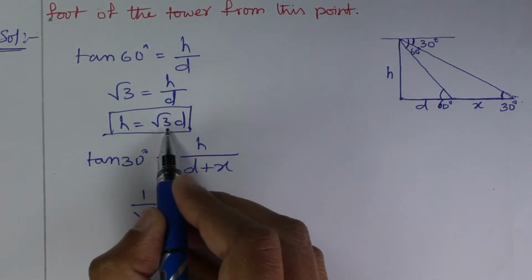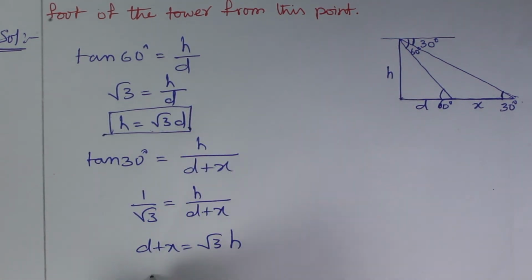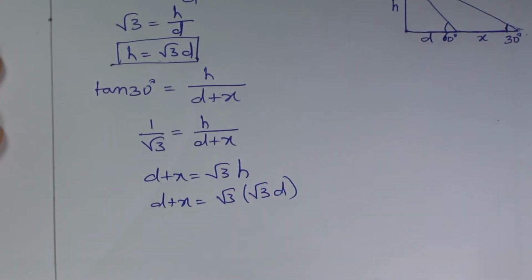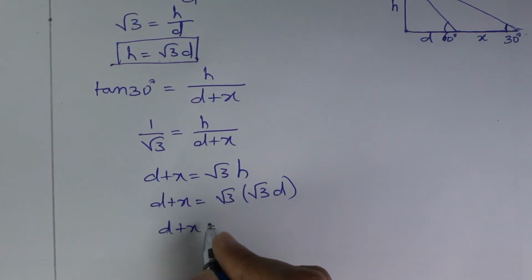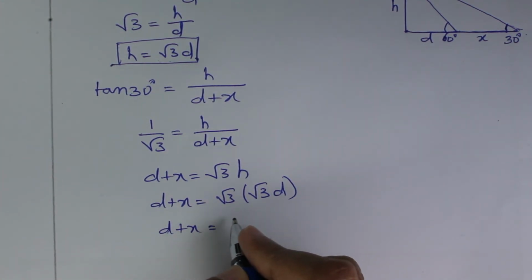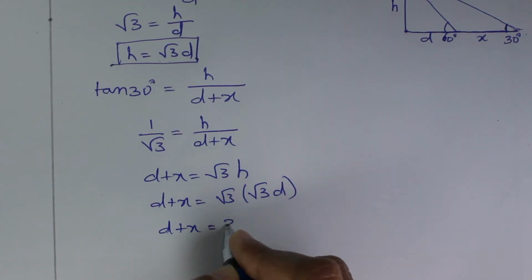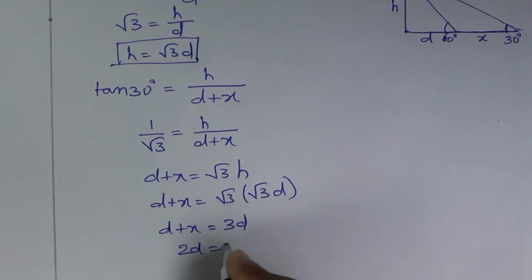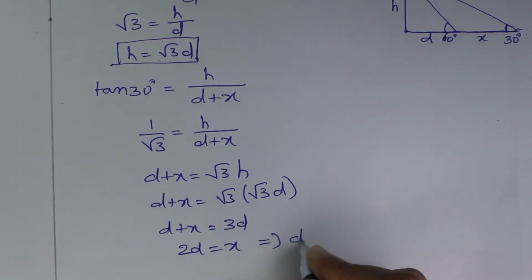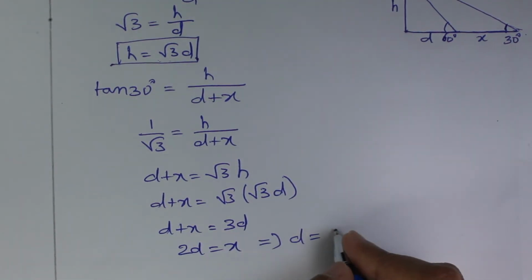We know h is equal to root 3d, right? We'll substitute it here. d plus x is equal to root 3 into root 3d. So d plus x is equal to 3d. So 2d is equal to x. That implies d is equal to x by 2.